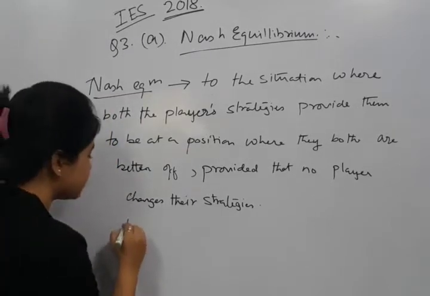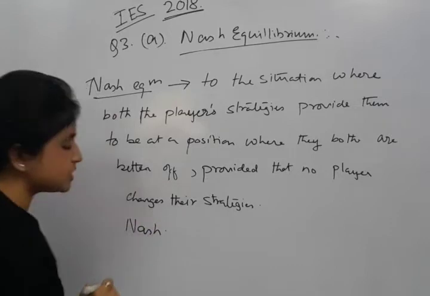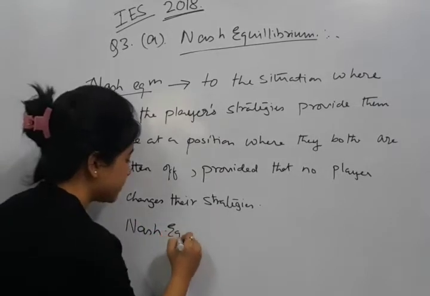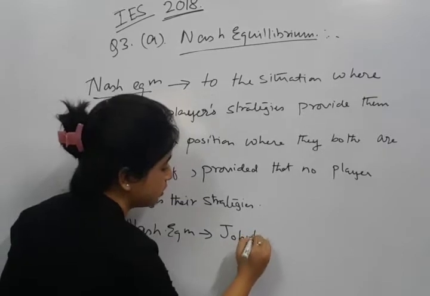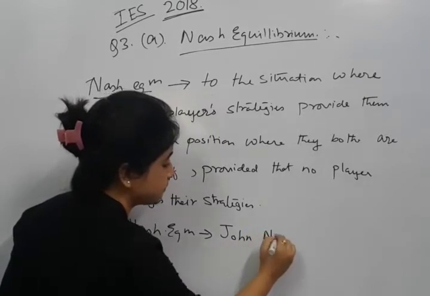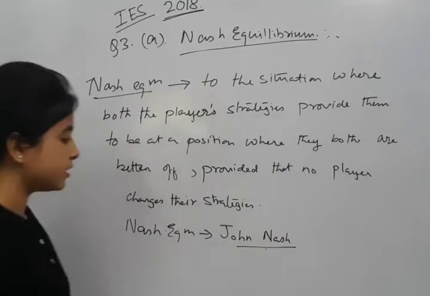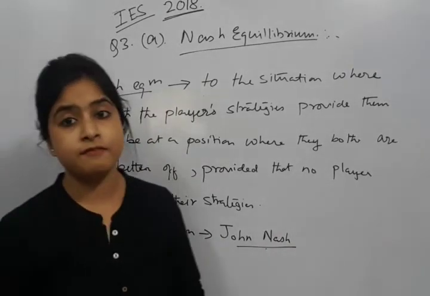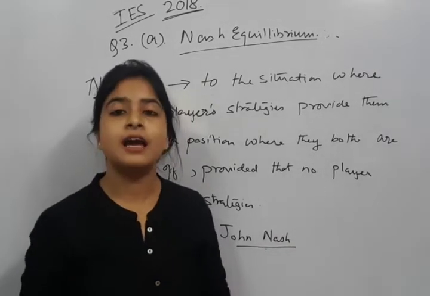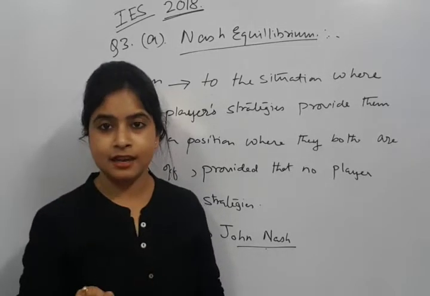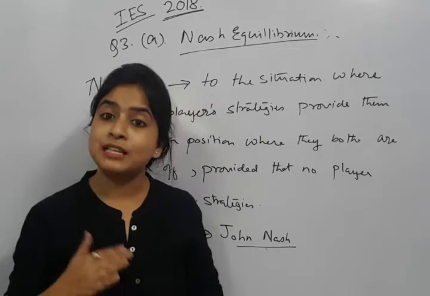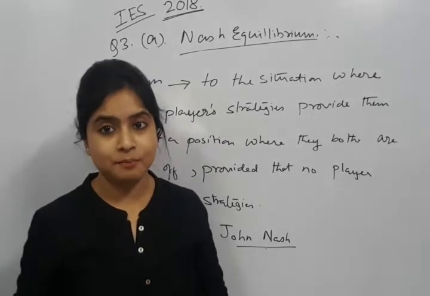Okay, so this can be treated as a formal definition of Nash equilibrium, and for further information we can also write who actually invented this Nash equilibrium. It was invented by John Nash. Also there is one very important thing we need to take into account: Nash equilibrium is not always one single thing. That means there can be multiple Nash equilibria in a single game.